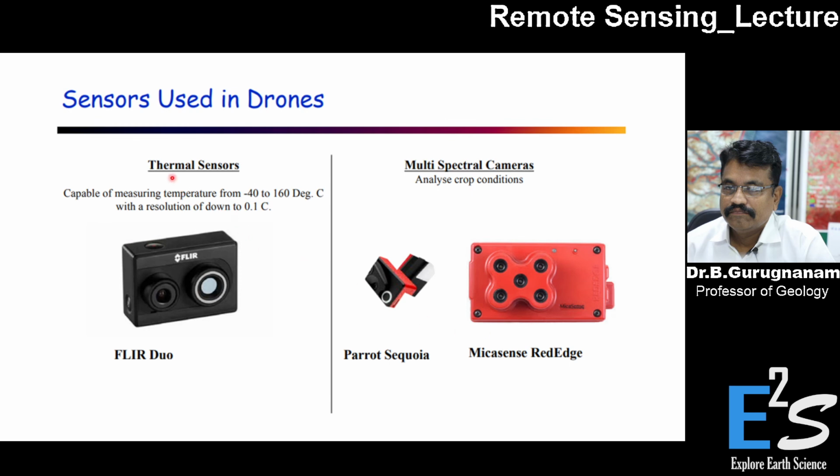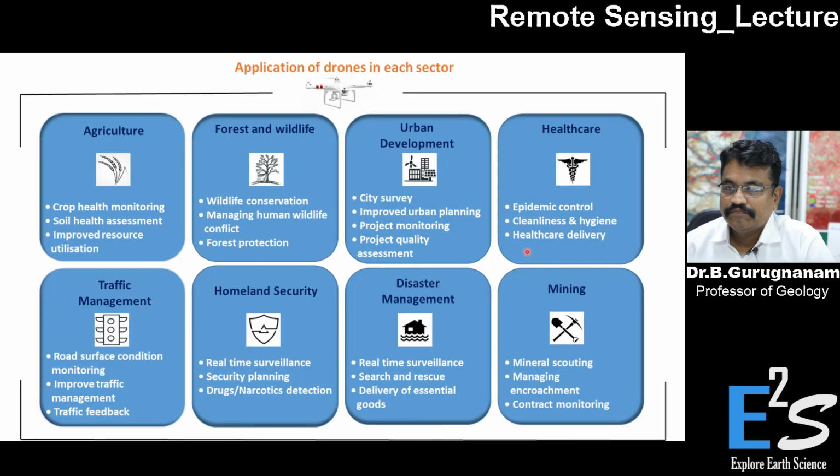We also use sensors like thermal sensors, FLIR DUO, which is capable of measuring temperature from minus 40 to 160 degrees centigrade with a resolution of down to 1.1 degree C. And you can use a multispectral sensor camera for taking images of the surface of the earth.